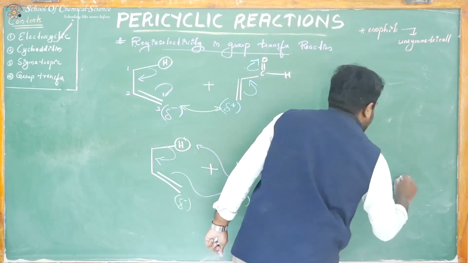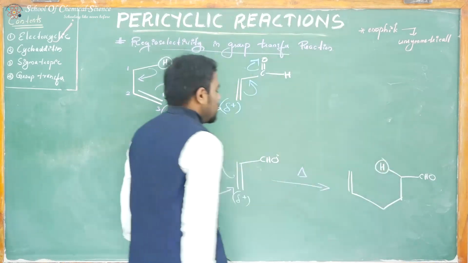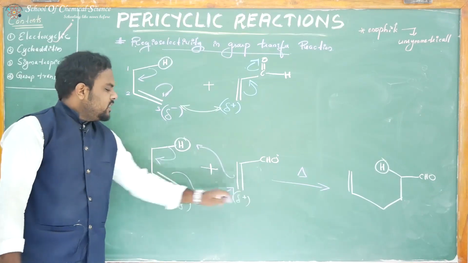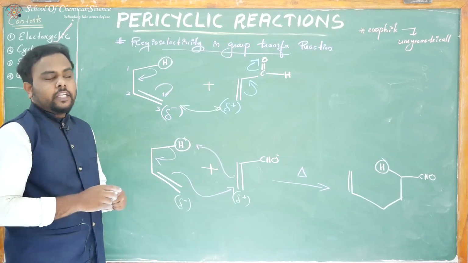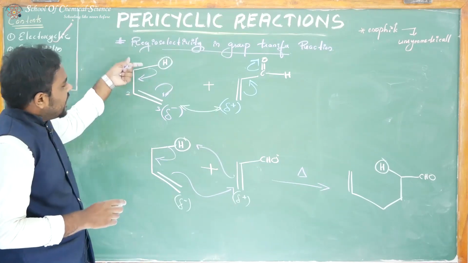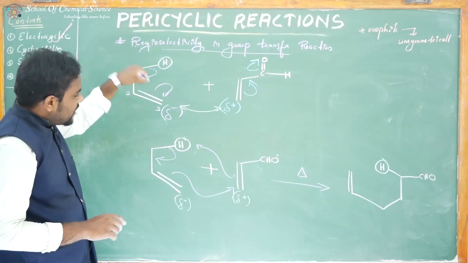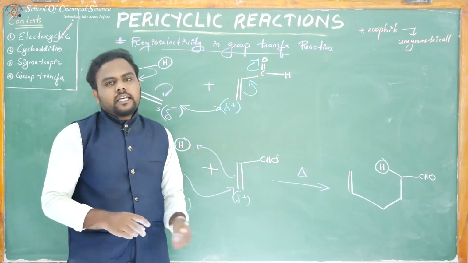At this carbon, a CHO group is present and a hydrogen is also present. So that will be your product. Interaction is between these two carbons. So that is the regioselectivity. Due to hyperconjugation, the electron density of the carbon hydrogen sigma bond is concentrated at the third carbon, and that will interact with the positively charged carbon.